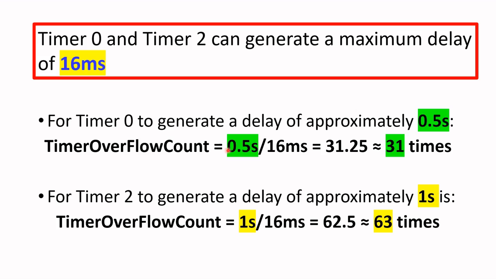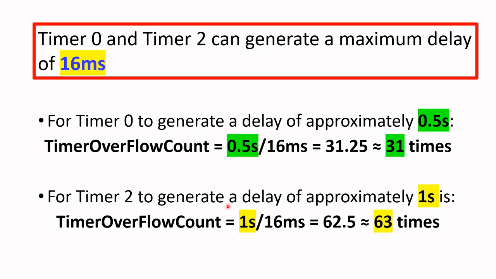And then I get 0.5 seconds divided by 16 milliseconds. That will give me about 31.25, which I rounded up to 31. So I need to get timer 0 to complete 16 milliseconds 31 times.